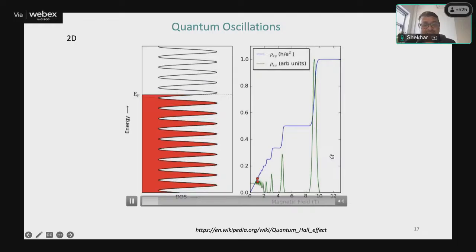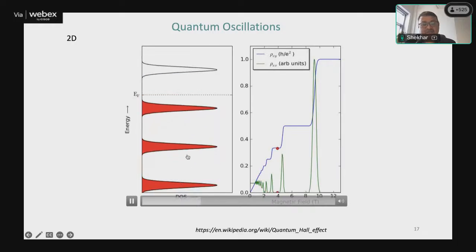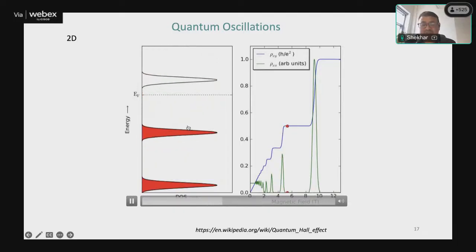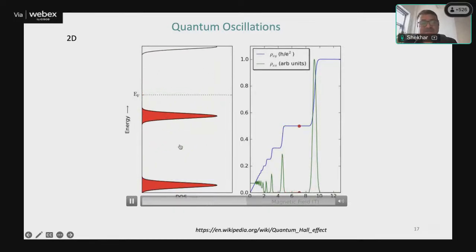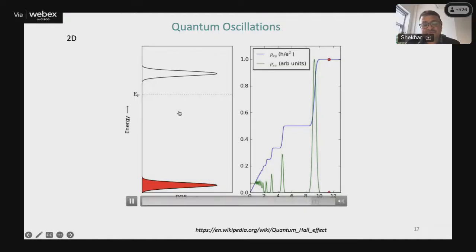When we apply a magnetic field, the density of states is going to split into Landau levels. And when you increase the magnetic field further, these Landau levels are going to shift.